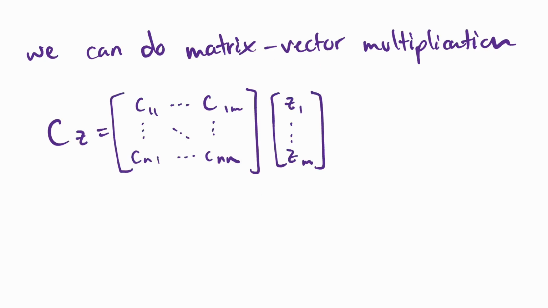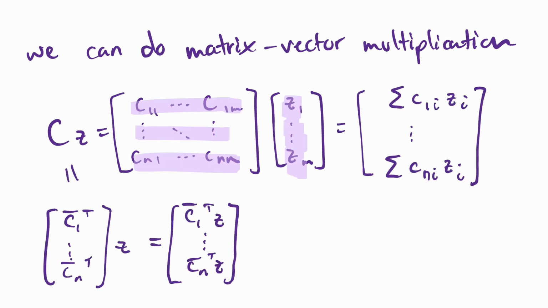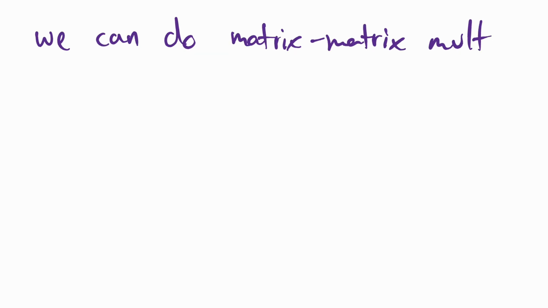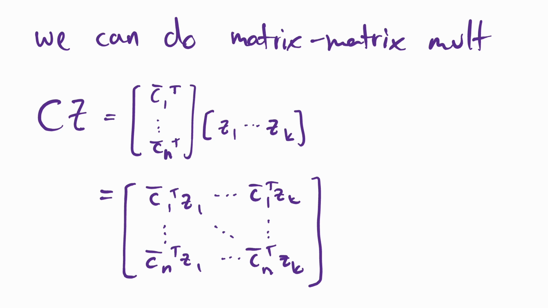So here we have a matrix and a vector, and we can multiply them as such. One way we can interpret this is we separate each row of C into its own row vector and then do these n independent vector multiplications. And we can extend this to matrix multiplication by simply repeating the matrix vector multiplication for every column of Z.